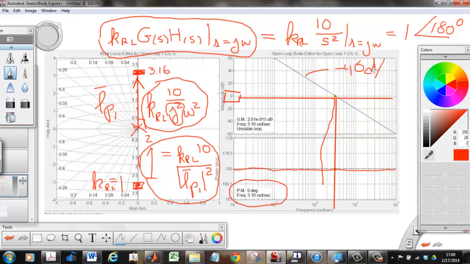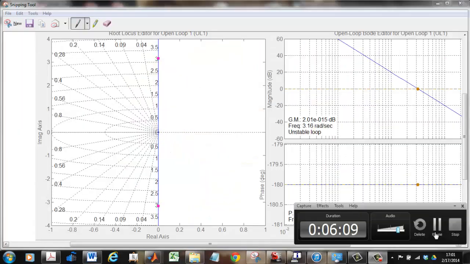That's 1 over s squared. And at the 0 dB crossing, my numerator, that 10, and my omega squared are equal, so the omega must be the square root of 10, or 3.16. So everything seems to fit. This is just showing you what the root locus gives you.